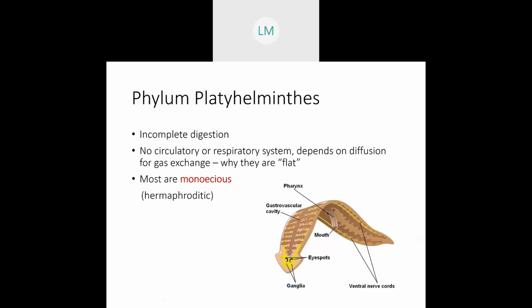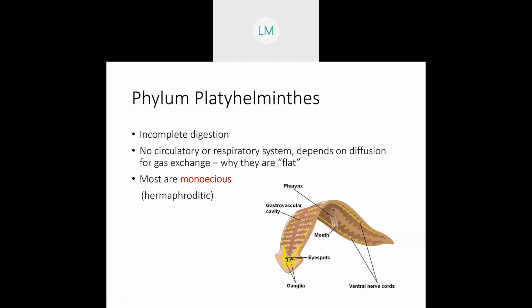This phylum also has incomplete digestion. So this was similar to phylum Cnidaria, to our jellyfish, right? We've got one mouth down here. That is the entrance for the food particles, and it is the exit for the waste particles. So this incomplete digestion, this 2-way street of digestion there. And then this phylum doesn't have any sort of circulatory or respiratory system.